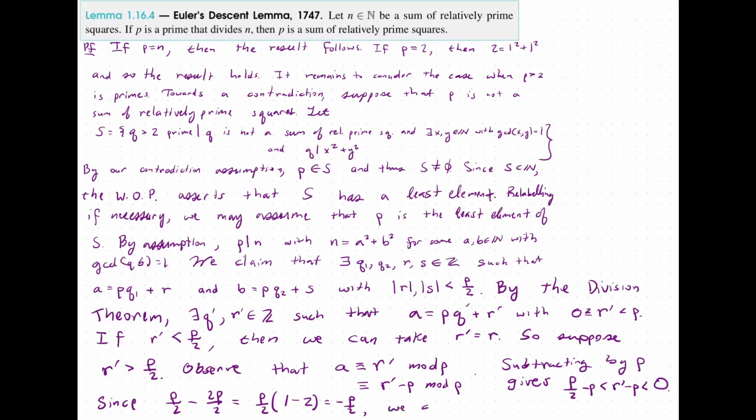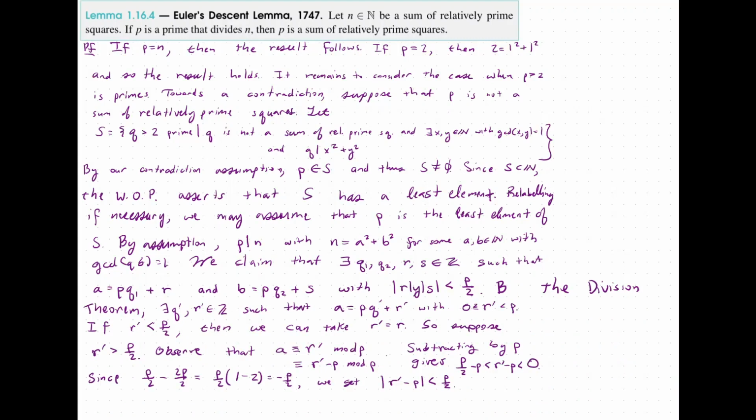We get that the absolute value of R prime minus P is going to be less than P over 2. Since this is negative and we know that it's bounded on the left, in other words, R prime minus P is greater than negative P over 2. And so now we have the absolute value that we want.